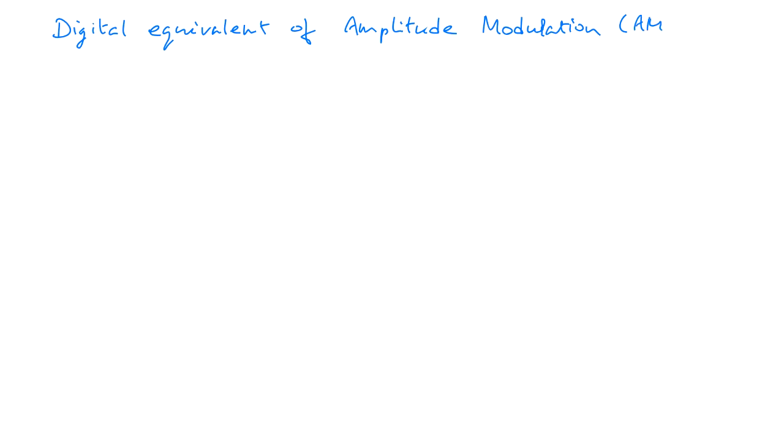So the digital equivalent of analog modulation, the digital equivalent of amplitude modulation, which is AM, is called amplitude shift keying, or we simply write that as ASK.